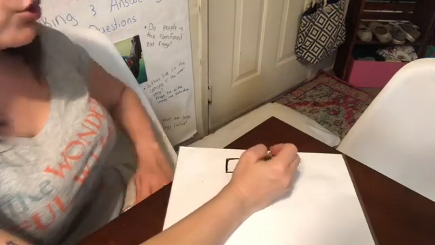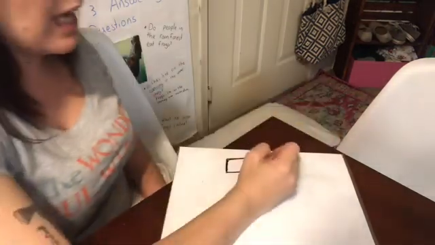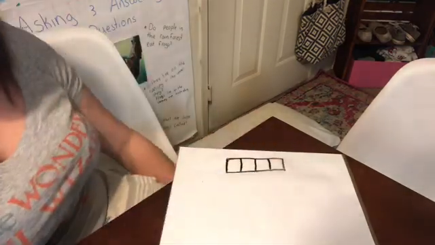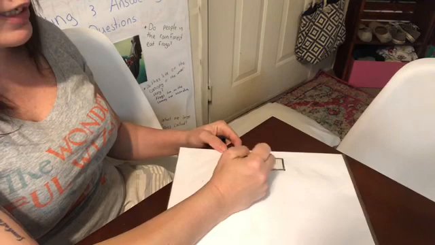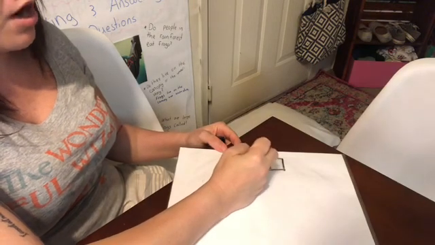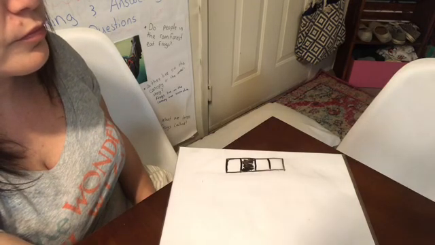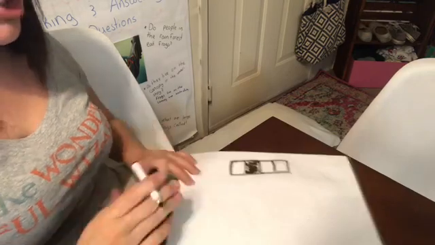I know the easiest way for me to do that is to estimate a half, like that, and then to estimate both of my halves in half, like that. Once you have done that, go ahead and shade in any part that you want to make the unit fraction, and then write it as a unit fraction.